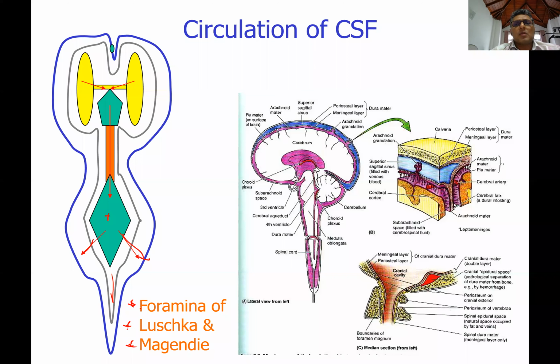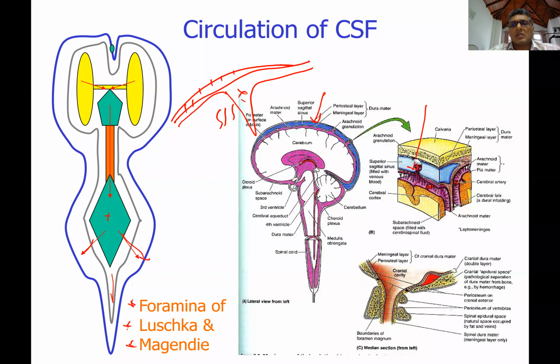Where they get absorbed back into the bloodstream is at the upper limit, at the superior sagittal sinus. So you get this dura mater separating out and forming the superior sagittal sinus. This is skull, and this is dura mater. Here, superior sagittal sinus. At the superior sagittal sinus, there are what are called arachnoid granulations. You can see the arachnoid granulations here.